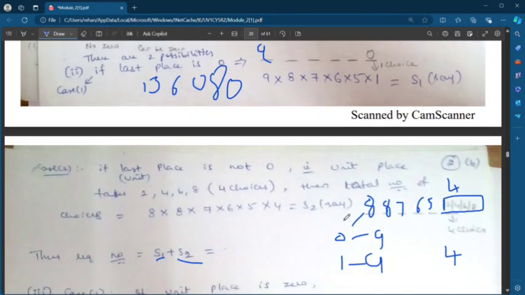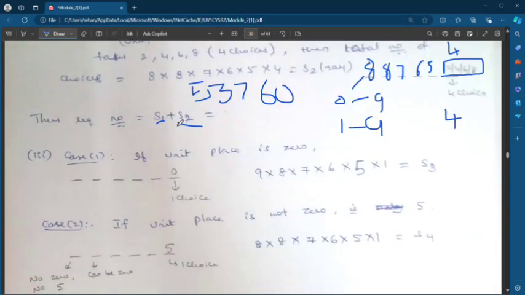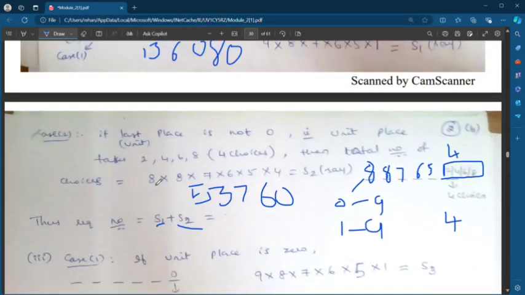And here 8 into 8 into 7, 6, 5, 4, which gives me 53760. Adding this plus this one, I get the final answer as 189840.